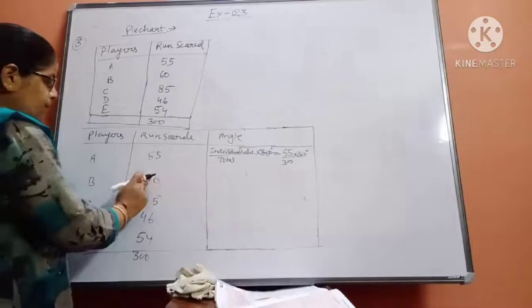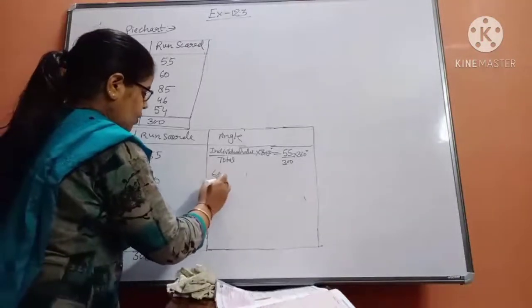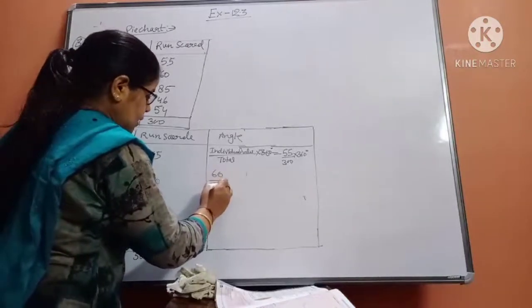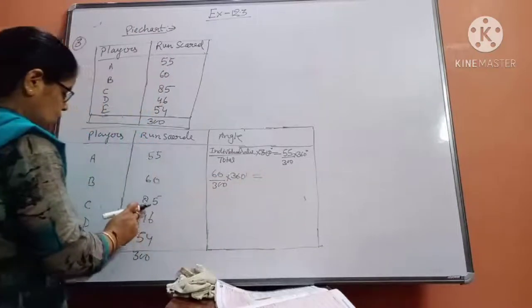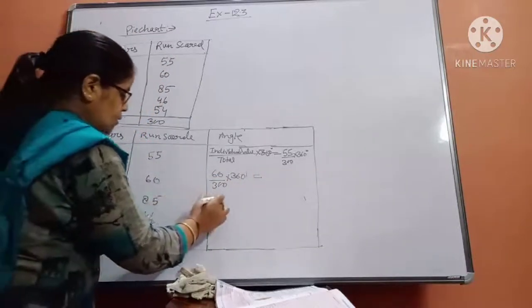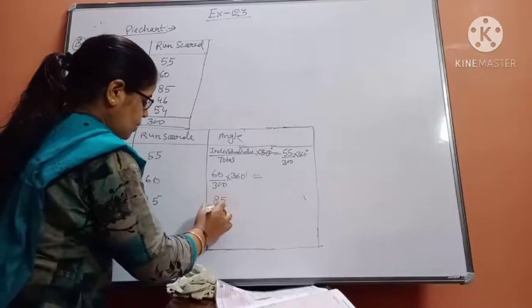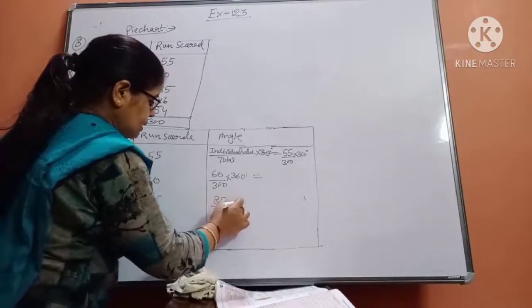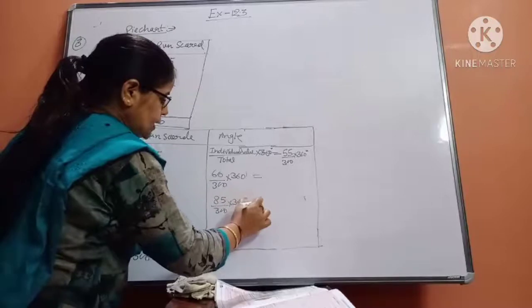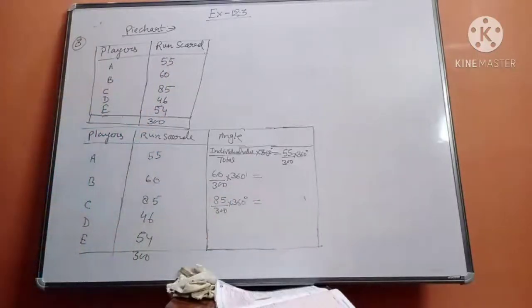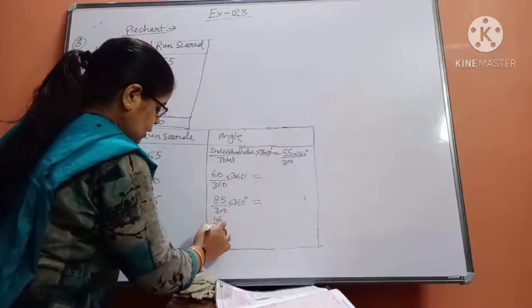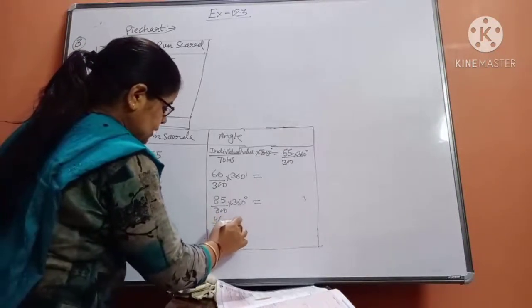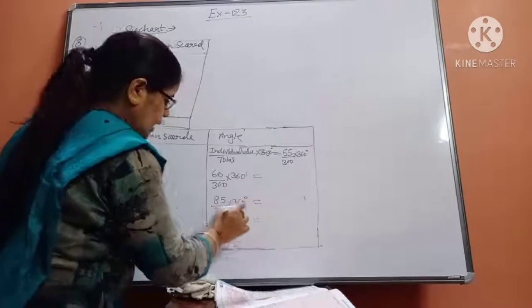Individual B has scored 60 upon 300 multiplied by 360. So I will write the angle for this one also. And thirdly, it will be 85 upon 300 multiplied by 360. It is the way to calculate the individual angle on the circle. So it will be 46 upon 300 multiplied by 360. Fourth angle we will get in this way.